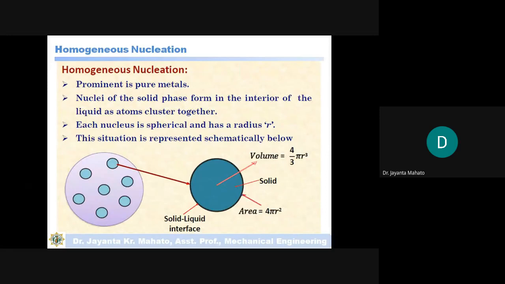Just consider these are the formed nuclei, and the nuclei formed throughout the substance are homogeneous. The remaining part of the substance is liquid, and this part is starting to form solids.